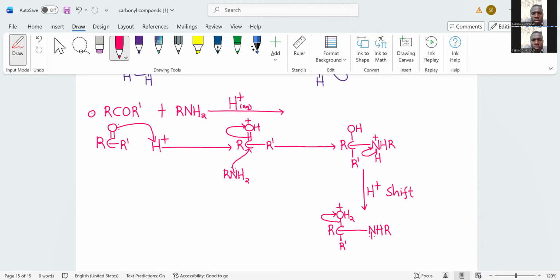There are lone pairs of electrons on nitrogen here. They are donated to carbon. As a result, what have I done? I have lost the water molecule, and I have formed R, C, R prime with a double bond, N as a plus because it has donated, but that N carries hydrogen.